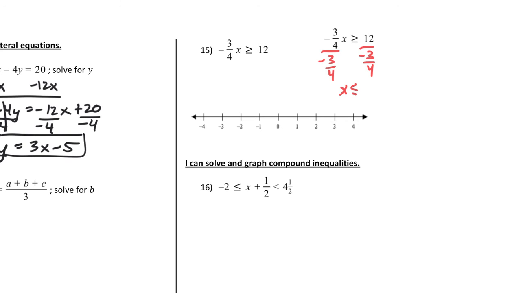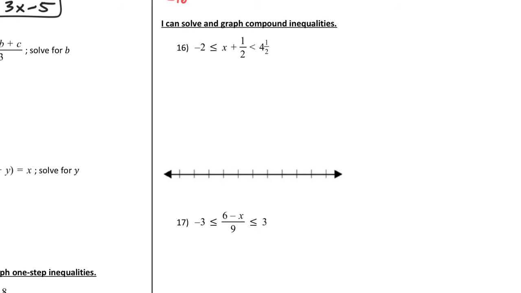Okay, 12 divided by negative 3/4 is the same thing as 12 times 4 over negative 3, which is negative 16. So I didn't make this big enough, so let's make this negative 16, closed circle, and going to the left.